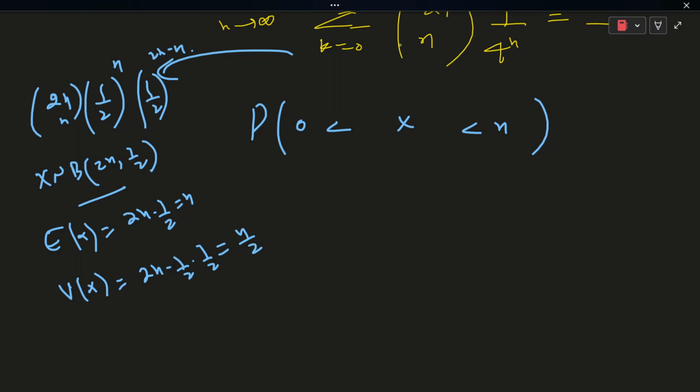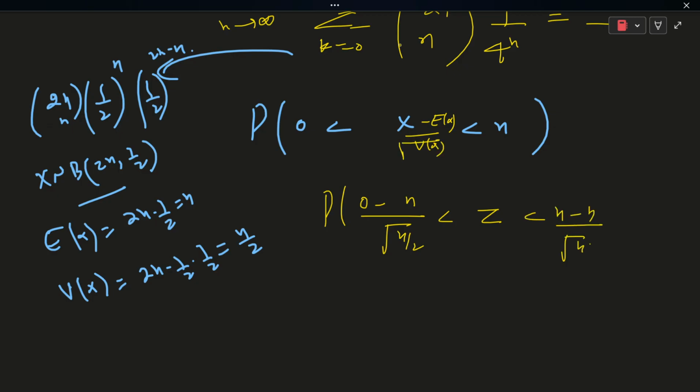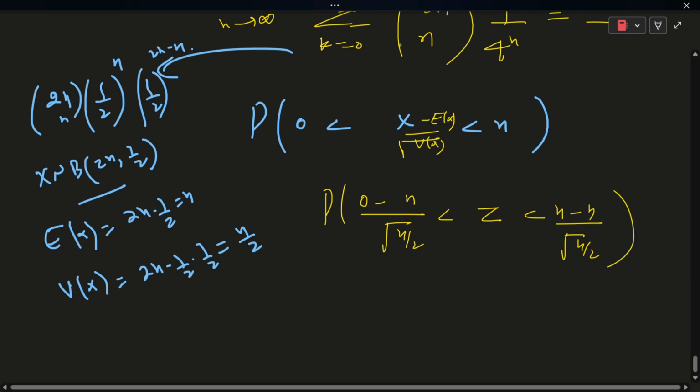तो यहाँ पे पुट करो ये वैल्यूज, probability 0 minus expectation of x, that is n, divided by the standard deviation, that is under root of n by 2, which is less than z. इसको z बना दो, x minus expectation of x divided by the standard deviation of x is this z. So this is n minus n upon under root n by 2. Clear?